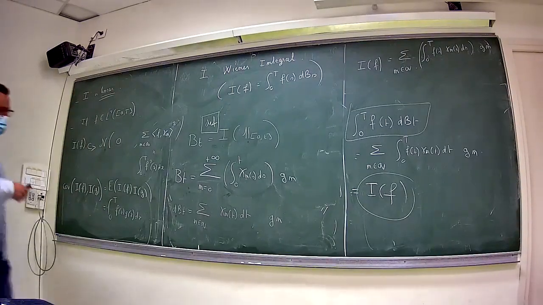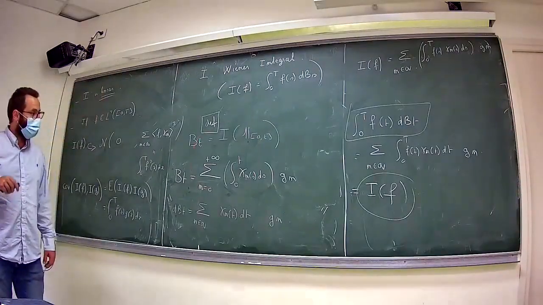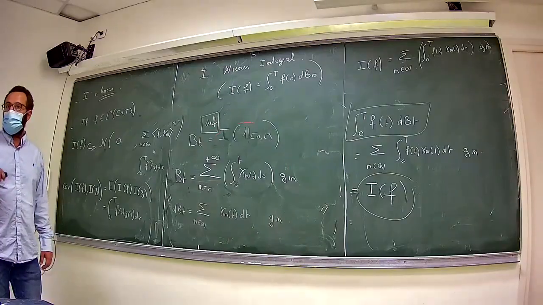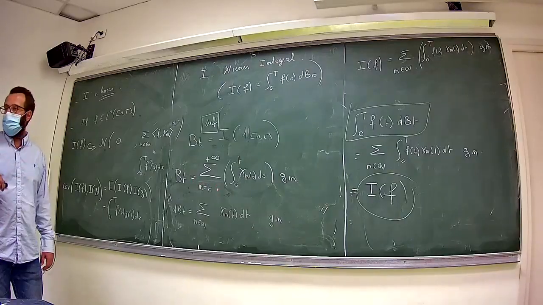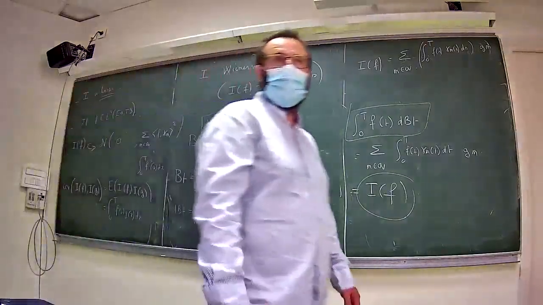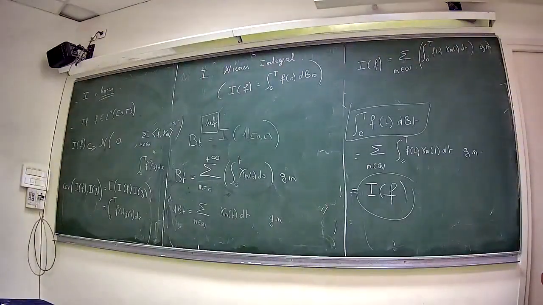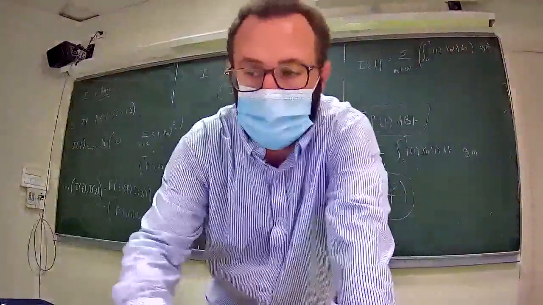So my job now, once I have defined the Brownian motion in a good way, will be to study the properties of the Brownian motion. In fact, I will never come back to this definition. Here it was just to show you that it exists and the way I can build it, using Hilbert space theory. But you can find in the lecture notes a proposition.